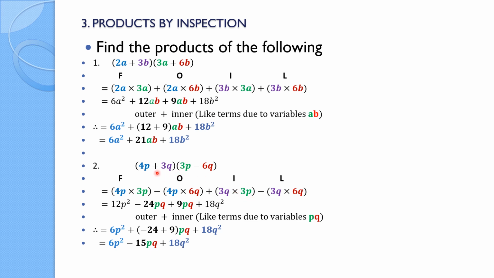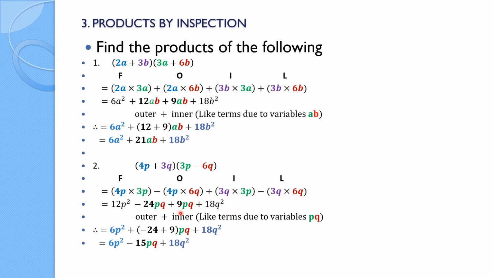Then last, last term and last term, positive times negative is negative 3p times 6q. Right, so 4 times 3 gives me 12, p times p, p squared. Negative 4 times 6 is 24pq. 3 times 3 gives me 9pq, and then 3 times 6 would then give me 18q squared.